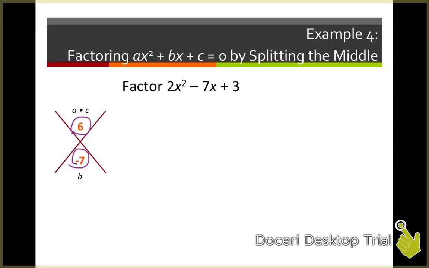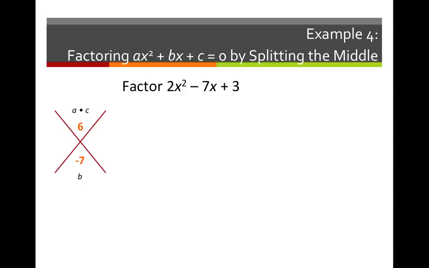So it's not just factors of the last number anymore, it's factors of the product of A times C. But we still want those factors to add up to B. So in this case, we need to use the numbers negative 6 and negative 1. They'll multiply to a positive 6 and add to a negative 7.